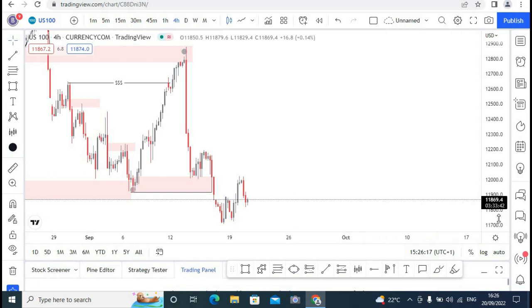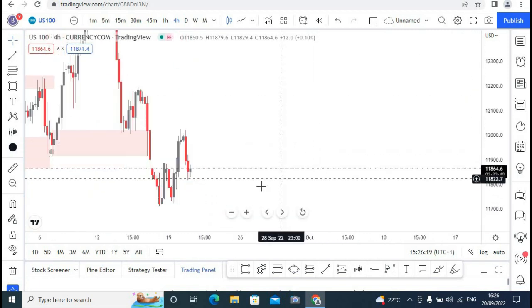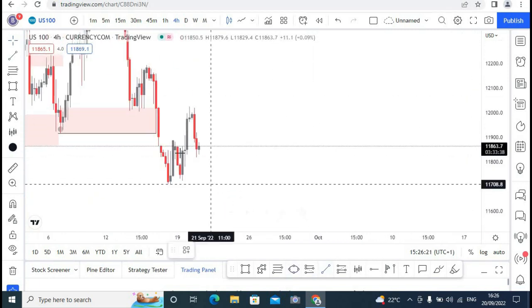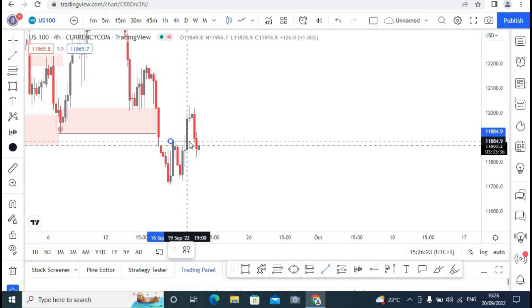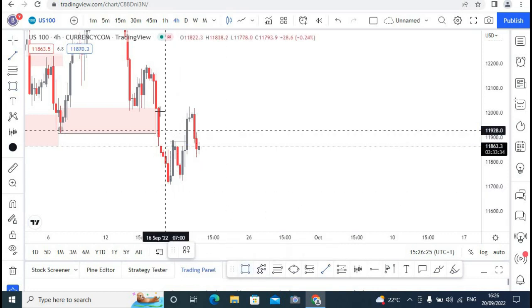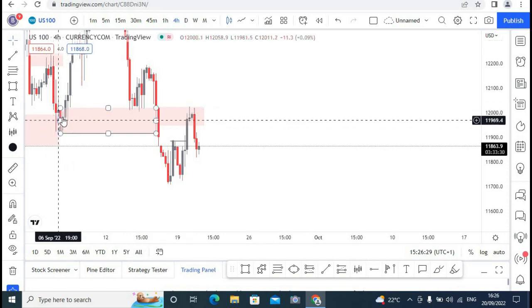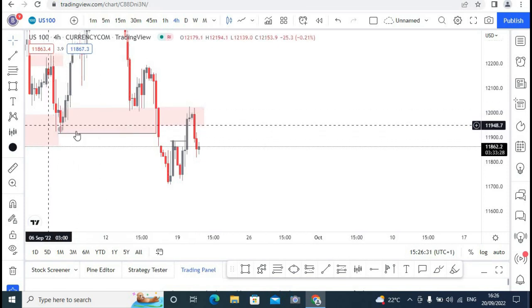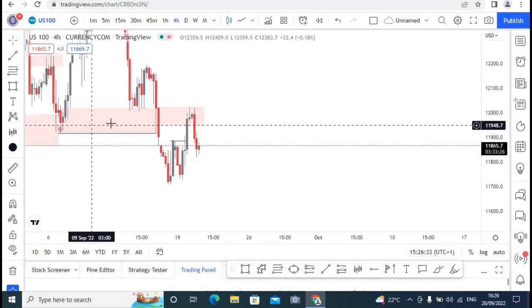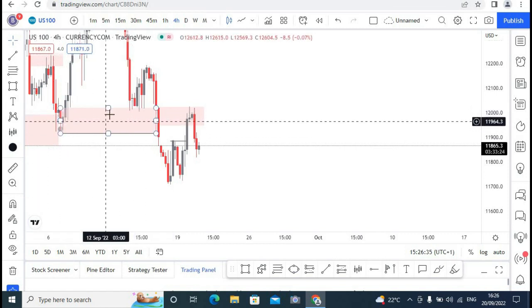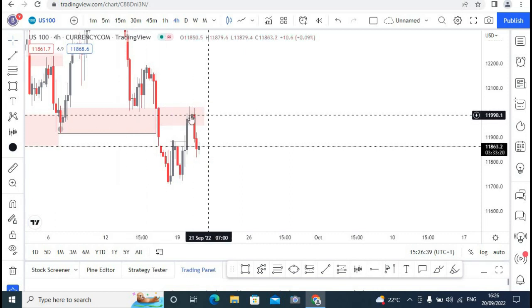So the next thing which you anticipate, you want to see an inducement, and then you look for your trades at this breaker, because this is a failed demand. The price had to go up, but it fails to go up, and then this will now become our flipped demand to be a supply.